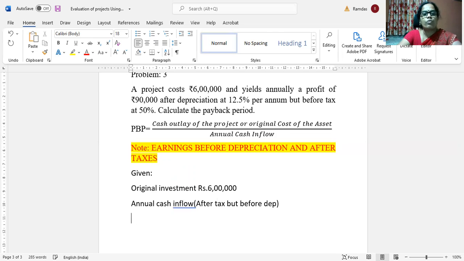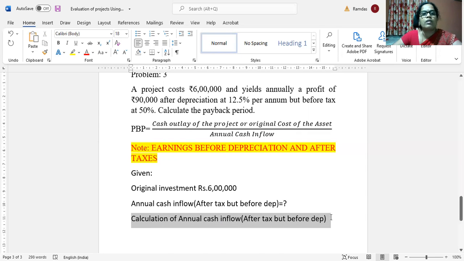It's not given, so we are going to calculate. So calculation of annual cash inflows after tax but before depreciation. It's not given, so we are calculating. So we are going to make a small table here. Okay, so we have the working note here.